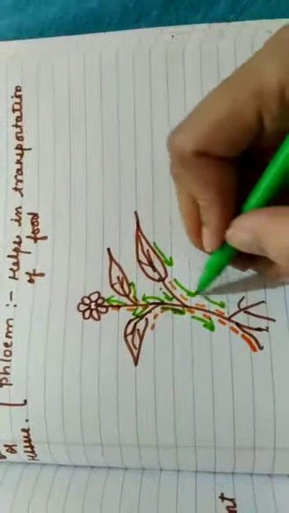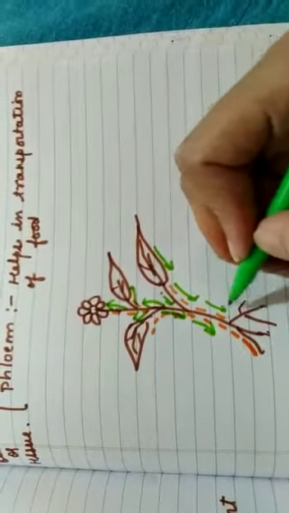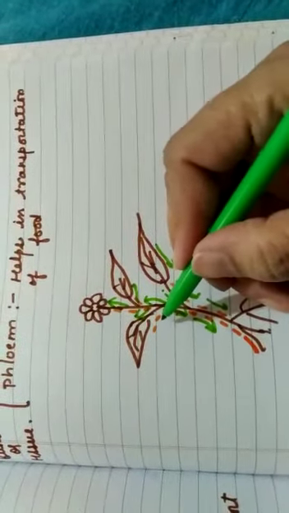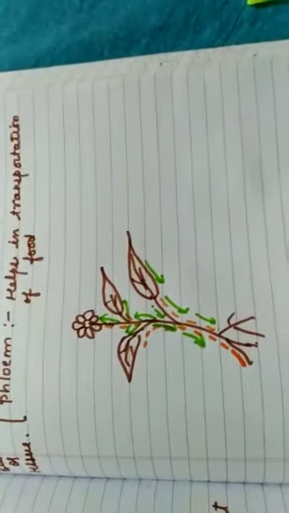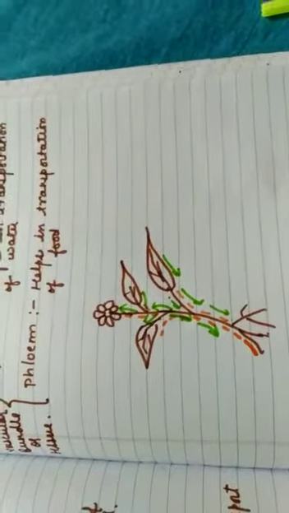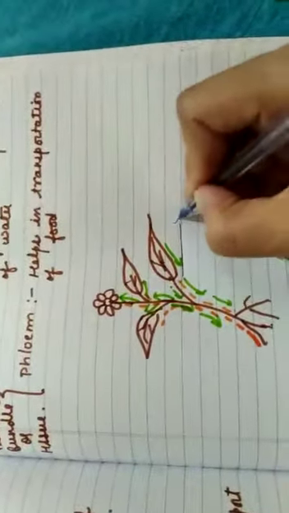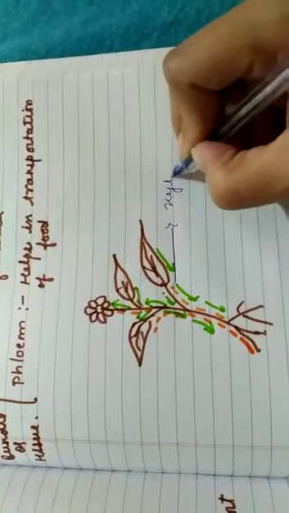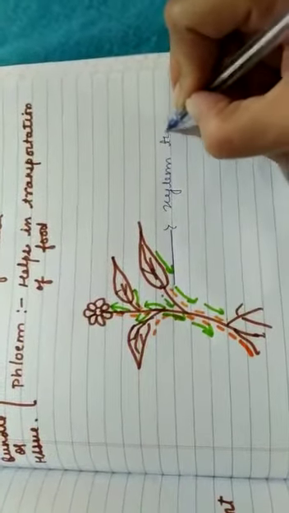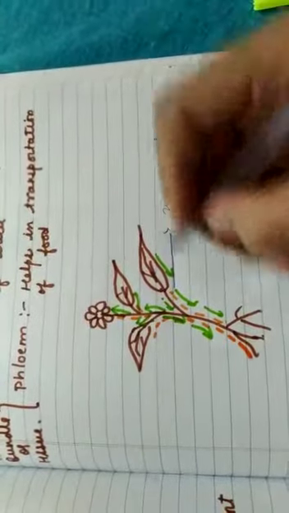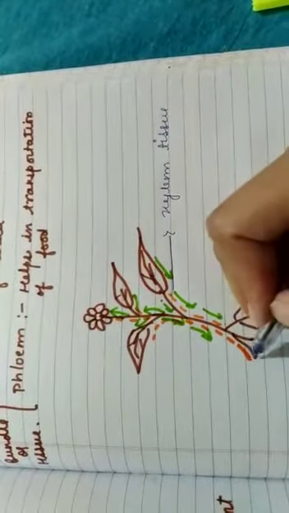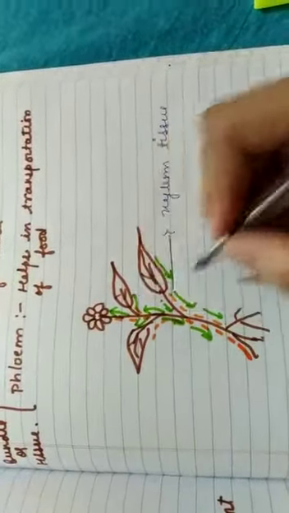So these green lines are the phloem tissue and these orange lines are the xylem tissue. What is the difference we have seen in them? In the xylem tissue, you have seen that the direction is always upward.